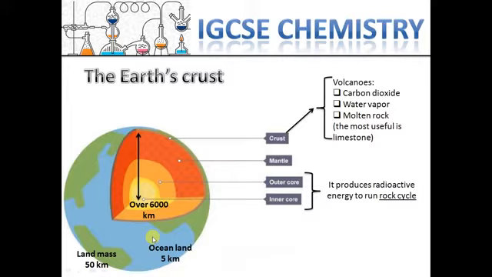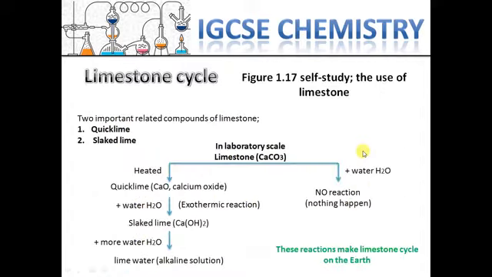So as I said, molten rock is the most useful place to get limestone. For uses of limestone, you need to self-study figure 1.17.